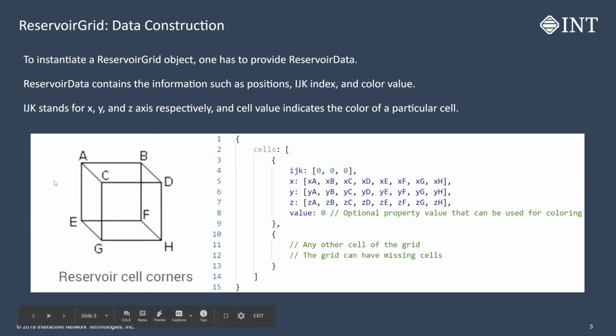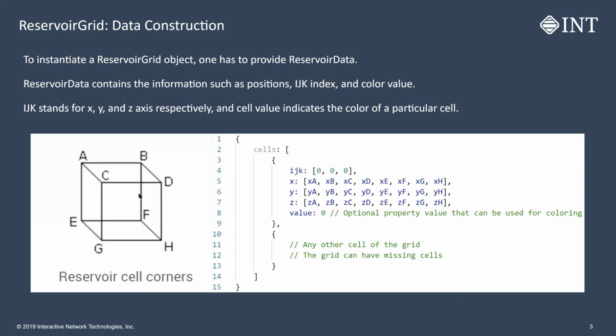That means we need to provide 8 positions for each cell. We have XA to XH and so on for Y and Z. And for each cell, we have an index. It's called IJK index. That means, for example, this one is 000 and next cell will be 001. And we also need to provide value for color.